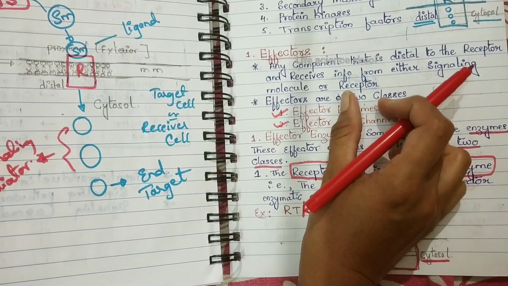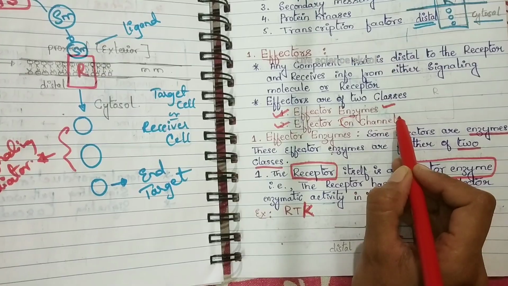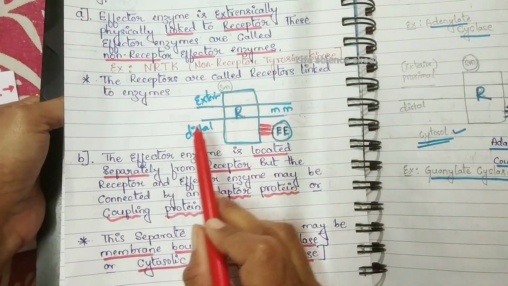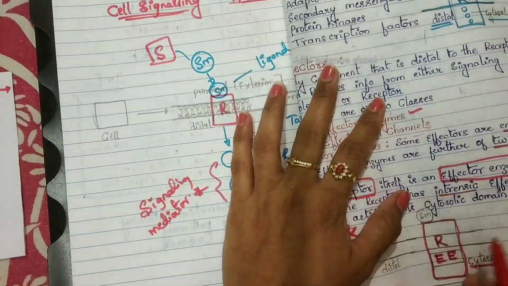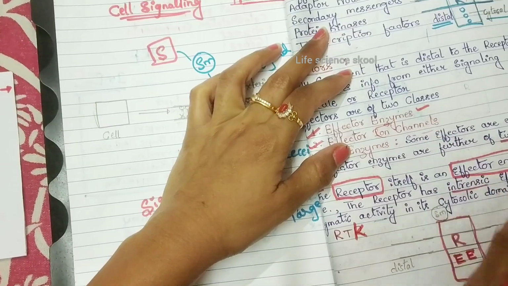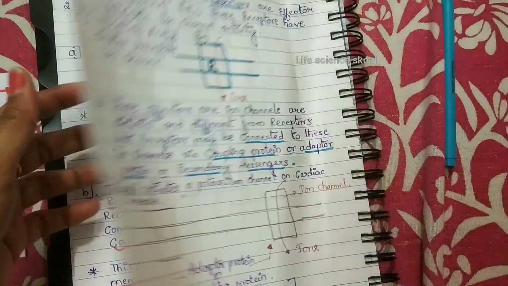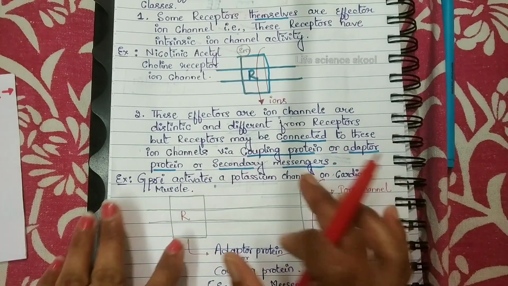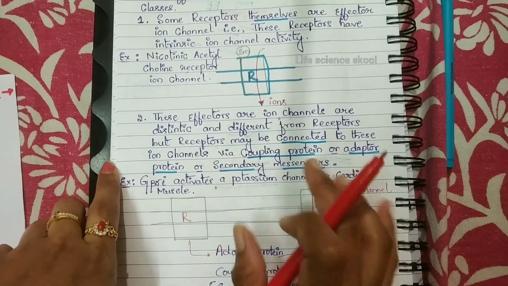Instead of the word enzymes, here we are using ion channels. That's it. You can look at the diagram: the second type and the first type are very similar, but here it is ion channels instead of enzymes. So watch that previous video so that you can understand this even better and more easily. No worries, I will explain this type now.